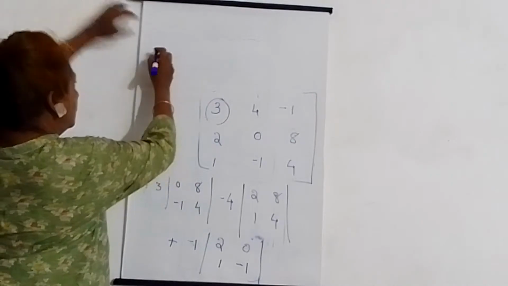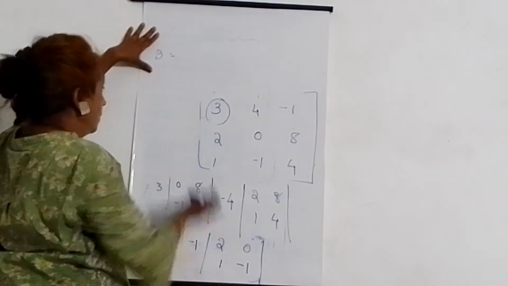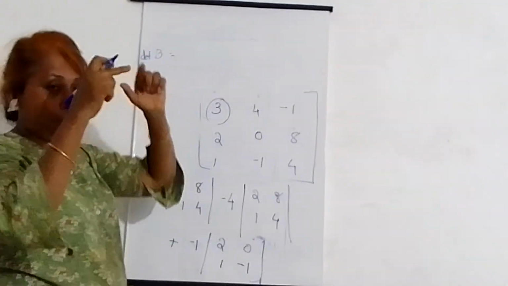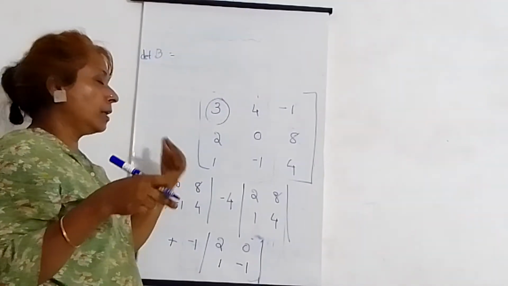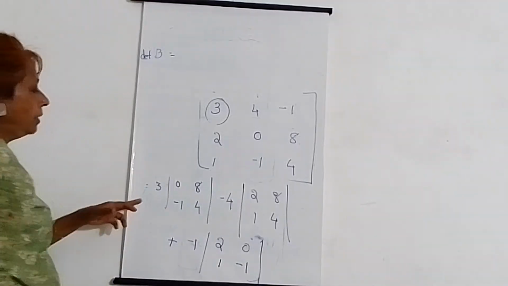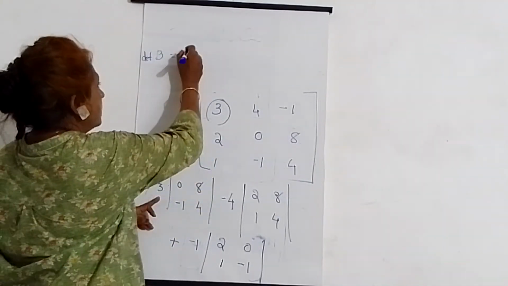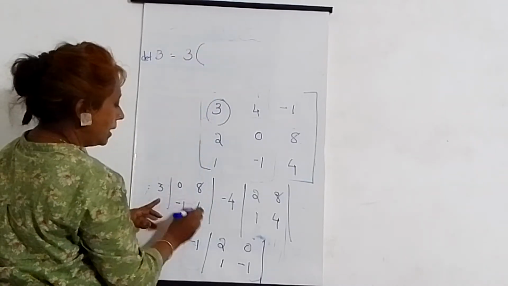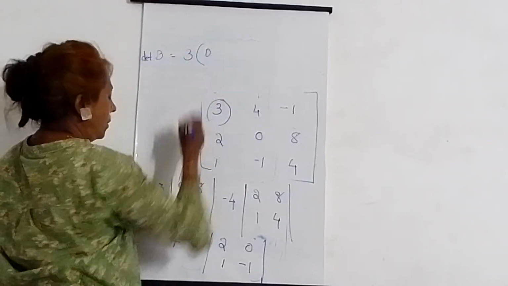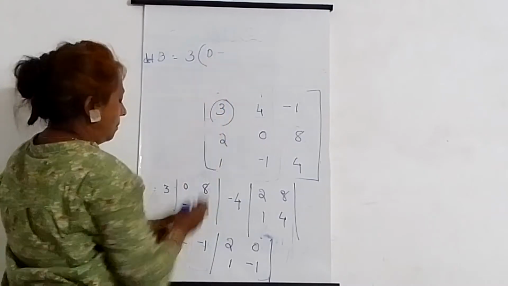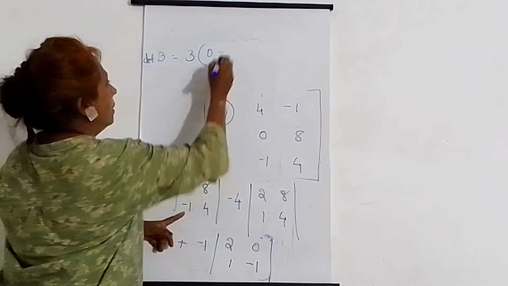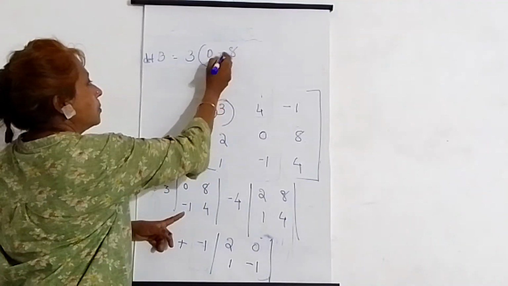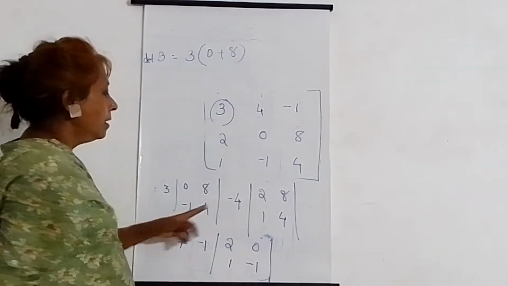What we are going to get is the determinant B, or we should put two lines before and after for this B. What we are going to get here is 3 into, now we can put the bracket, 0 times 4, I put 0 here, minus minus 8 times negative 1, it is negative 8. So this negative into this negative becomes positive, so I put positive here.